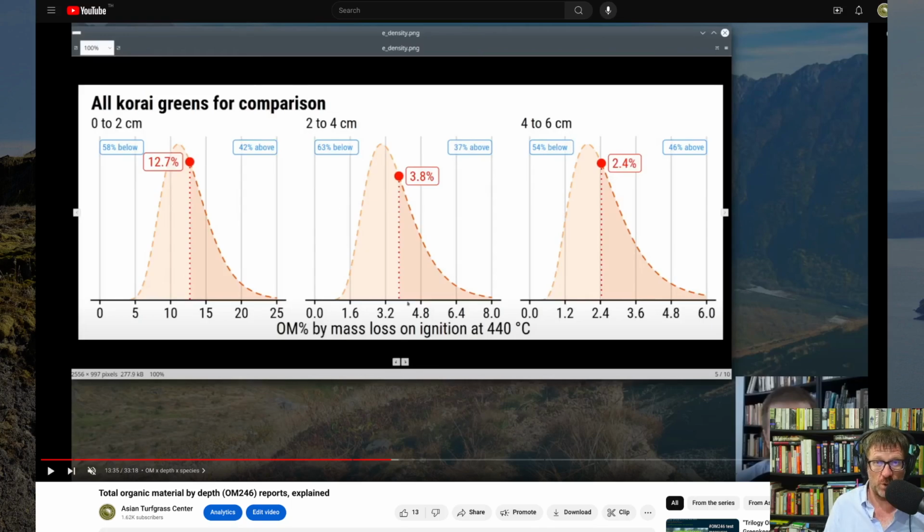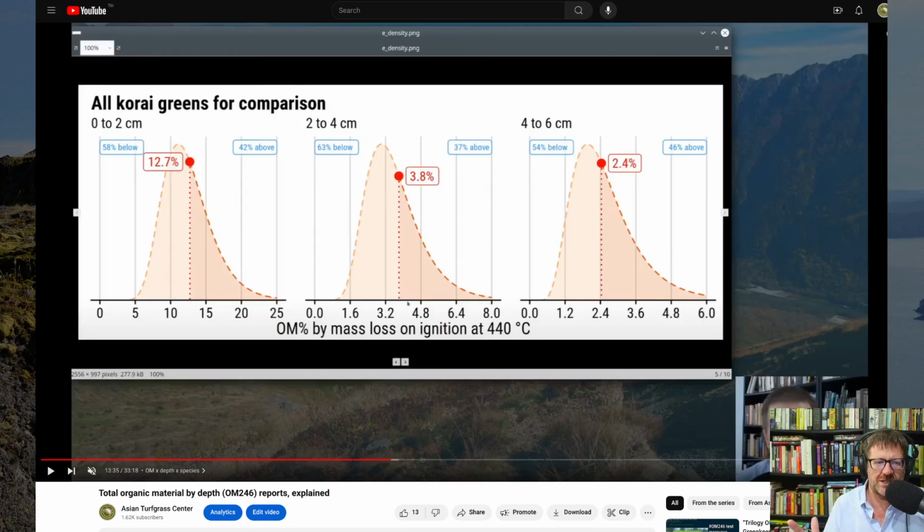And on the reports that I give, it shows for that particular species at a particular depth what percentage of samples are above your test results and what percentage of samples for that species are below your test results.